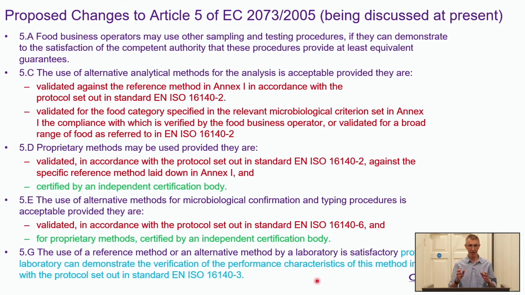So this is now making it very clear that labs have to verify in their own hands that methods, whether they be ISO methods or proprietary methods, work in their hands. It has to be done, and it has to be done according to ISO 16140 Part 3. As I say, those aren't in the regulation yet, but they're being proposed at the moment, so something to look out for.